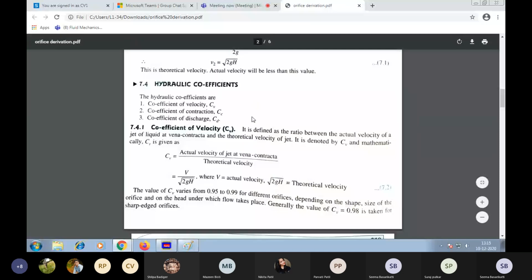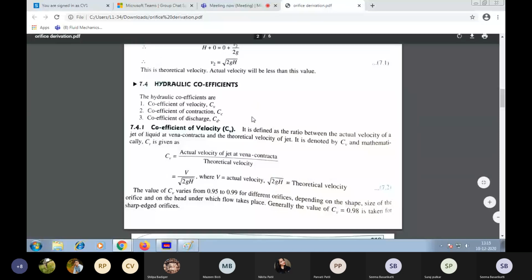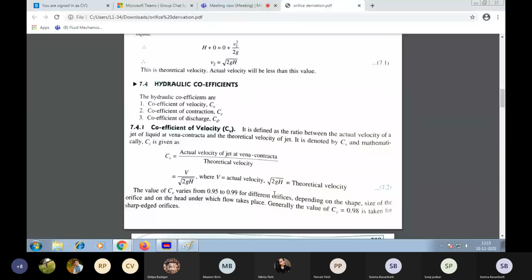In theory we are not going to do any experiment. The value will be given, you equate it in this equation and calculate the value. Actual velocity is the velocity obtained in the field. The ratio of that gives actual velocity by theoretical velocity.